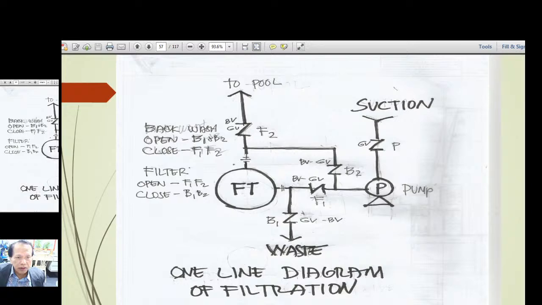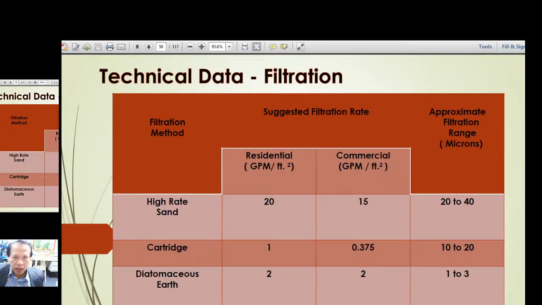Okay, technical data in filtration. Here we have the three filters as compared. Filtration method: the high rate sand filter, then the cartridge filter, and the DE type filter.